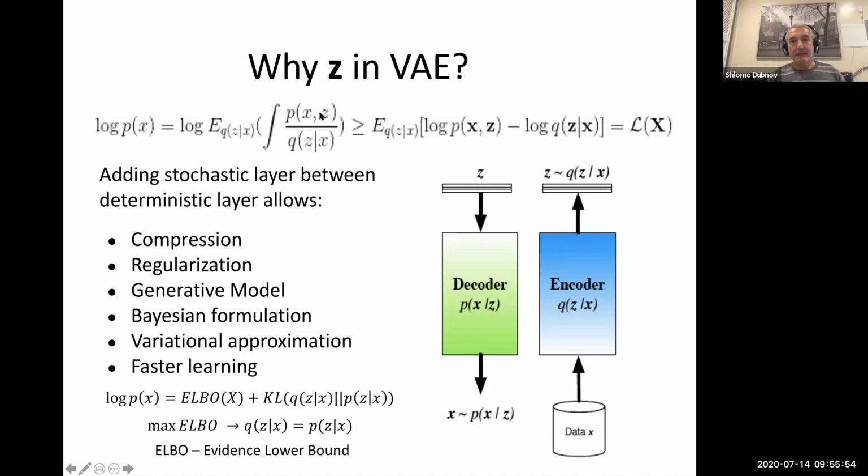Because you put the log inside, you can convert this ratio into a difference of logs, and you end up with this expression. I didn't prove this step in detail, but I welcome you to check out where the Jensen inequality comes in, the convexity of the log that makes this inequality hold. So this is the ELBO, the evidence lower bound.